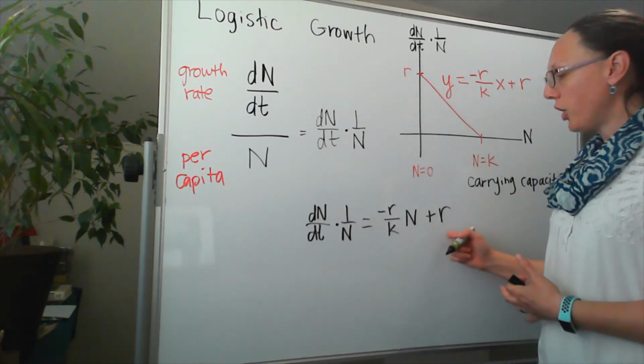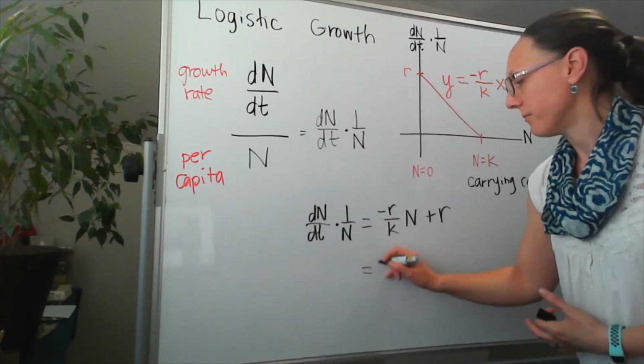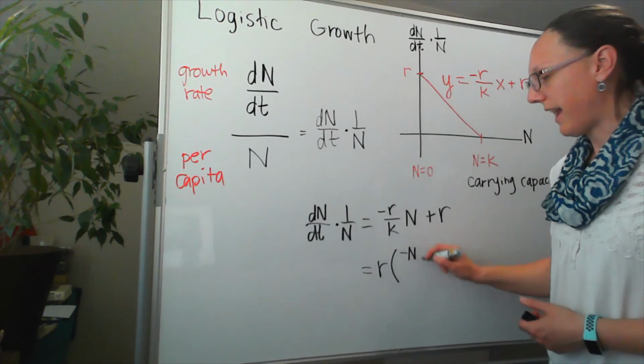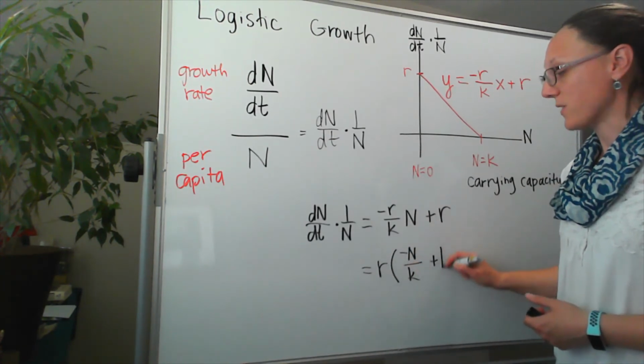So in the textbook, we're going to factor that r out to be left with negative N over K plus 1.